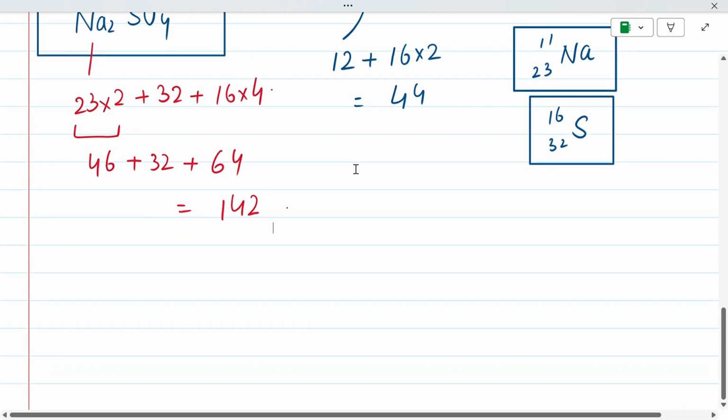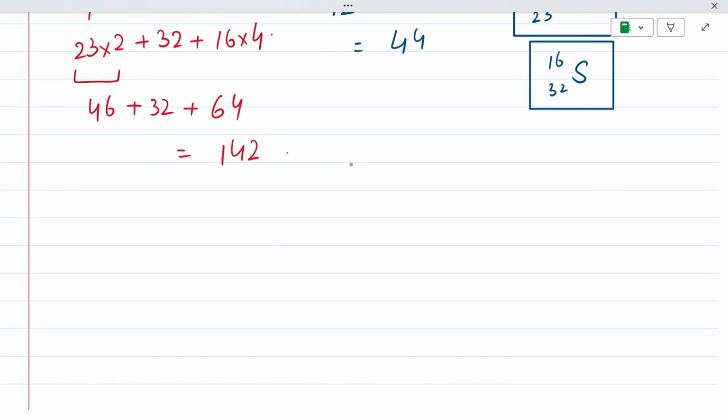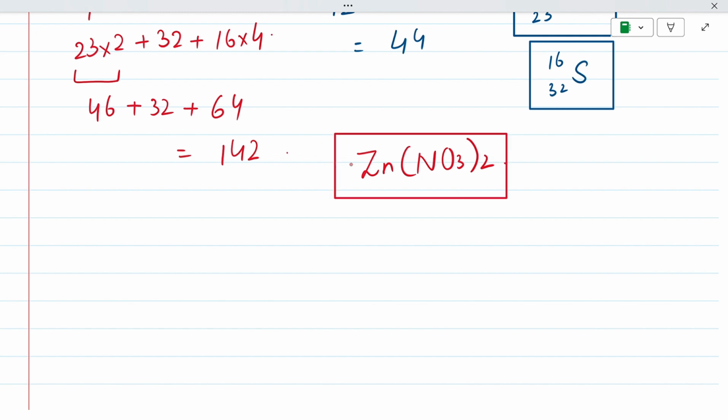Now let's take another example of questions which include brackets. How will you do this? Zinc is 65, nitrogen is 14 and oxygen is 16. We always try to solve it starting off with the zinc. Zinc is 65 plus, whenever there is a bracket, try to add a bracket to keep it simple.